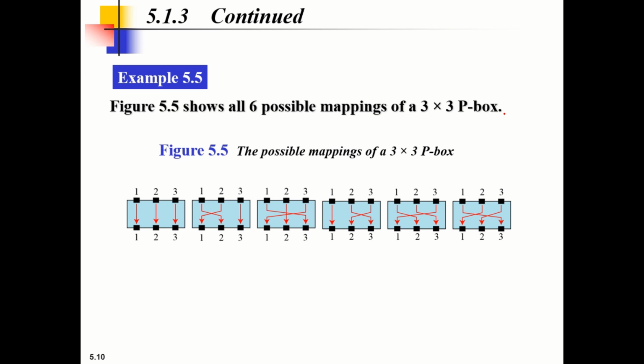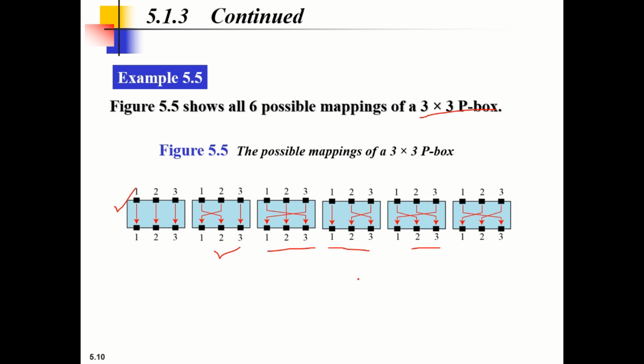Now this example shows all 6 possible mappings of a 3 by 3 box. So it simply shows you the connections. Like here there are direct connections, 1 is for 1, 2 is for 2, and here 1 is for 2, 2 is for 1, 3 is for 3. So these kinds of 6 possible mappings we can have for inputs and outputs.